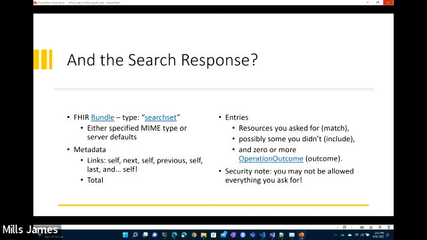Some servers do things like every search has an operation outcome warning you that there might be more data you can't see. It's just there reminding you that there could be something privileged and you'd have to go through the break the glass protocol in order to get access to those records. That's always true. You don't necessarily have to say it on every search result, but legal departments will do with you what they will.